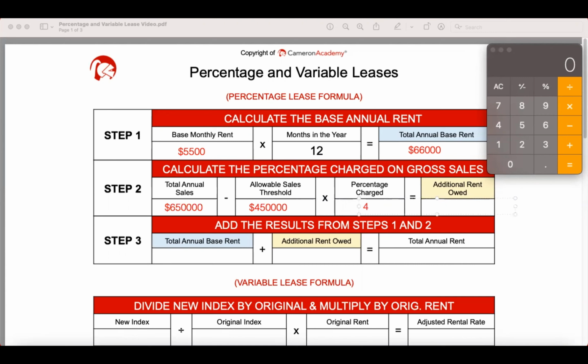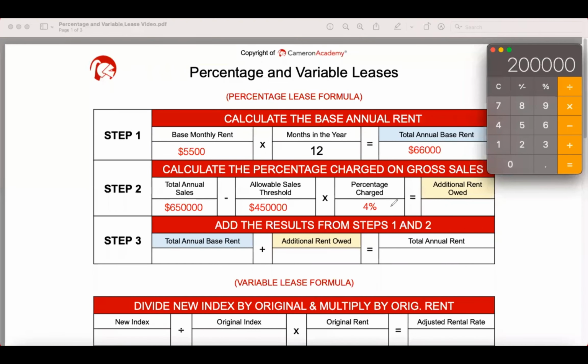Once again, it's 4%. So let's start with identifying how much more did you sell within the year. 650,000 minus 450,000. That's $200,000 more you sold within the year. And they mentioned they're going to charge us 4% on that overage. So all you need to do is multiply by 4%.